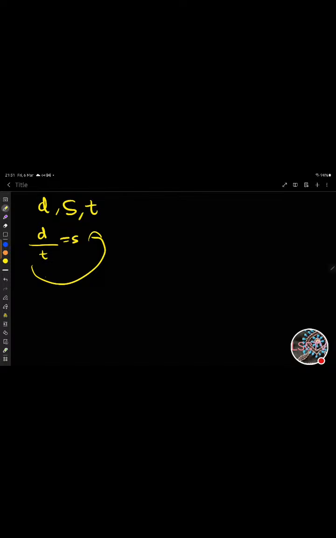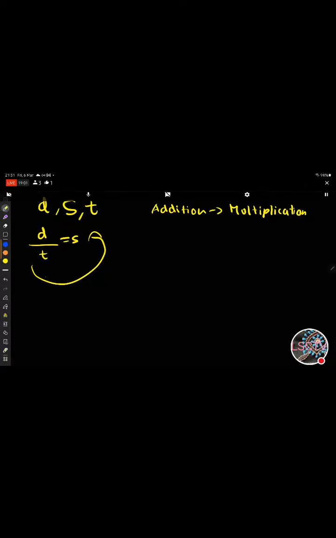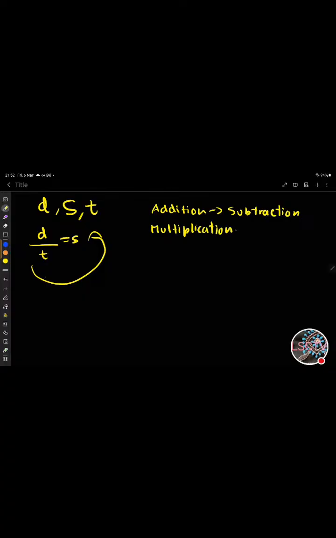Changing the operation that you're performing on it to its opposite operation, like addition becomes subtraction, multiplication becomes division, and exponentiation maybe becomes root.